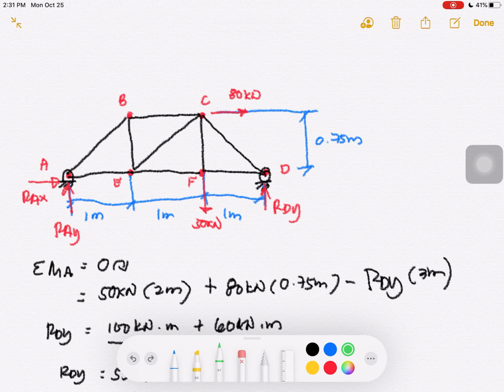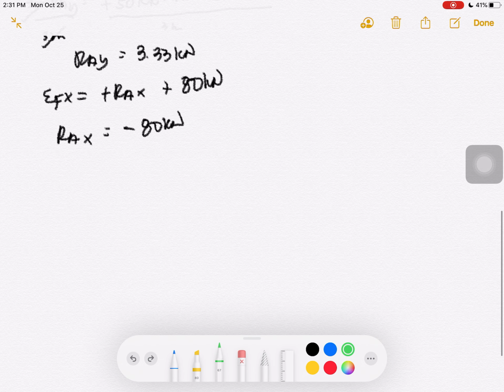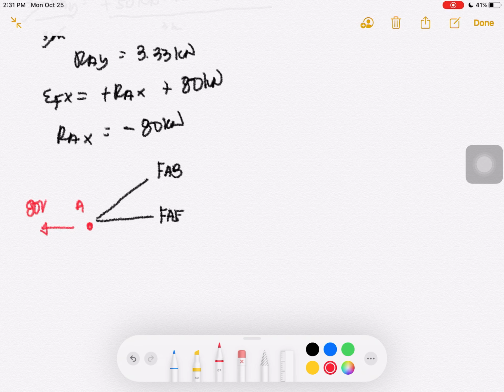Okay, so what are the forces at joint A? If we isolate that portion here, so we have joint A, so we have force AB, force AE, and we have here the 80 kilonewton and the 3.33 kilonewton.